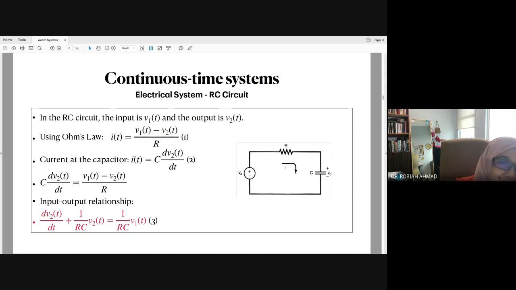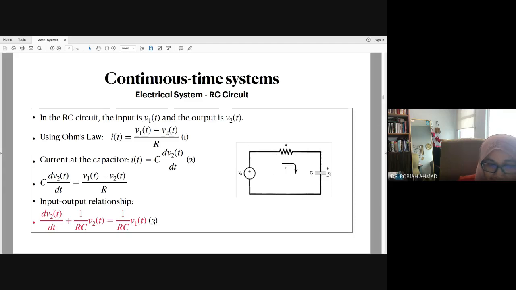So this is an example of a continuous system, an application of an electrical system. In this case, our electrical system consists of a resistor and a capacitor. In this RC circuit, the input is actually Vs, and the output is actually V out.